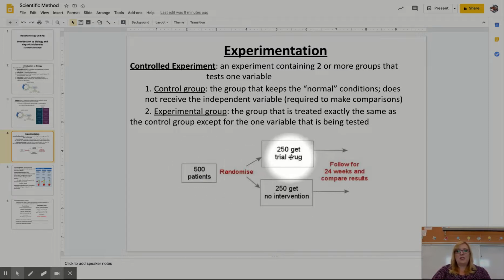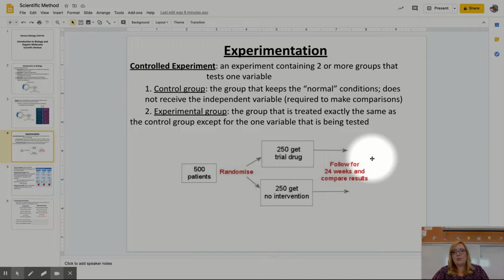You have 500 patients, you split them up into 250. So your patients should be about the same. And then one group is going to get the drug, the other group is not. Although the other group is going to get a placebo, which we often call a sugar pill. So we're going to pretend like we're giving them the drug, if it's a shot or if it's a pill, but it doesn't have anything in it.